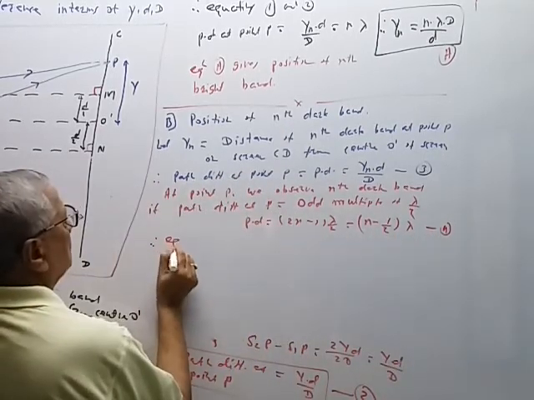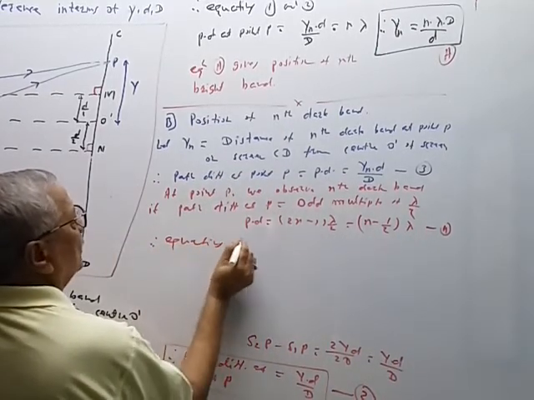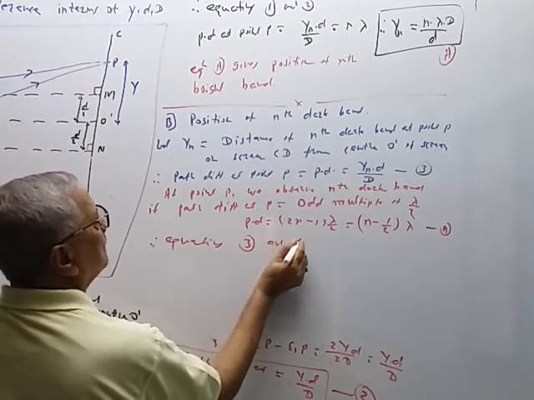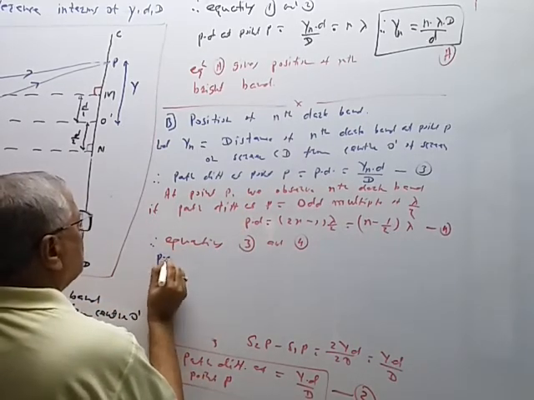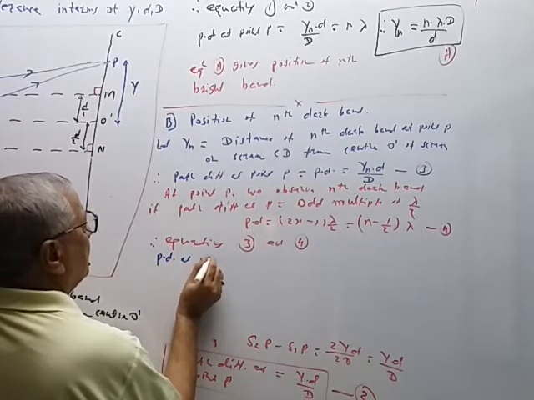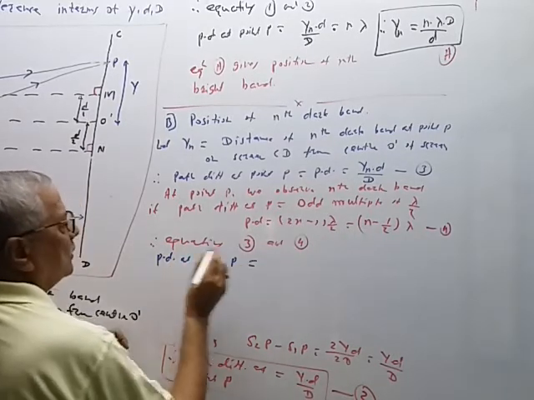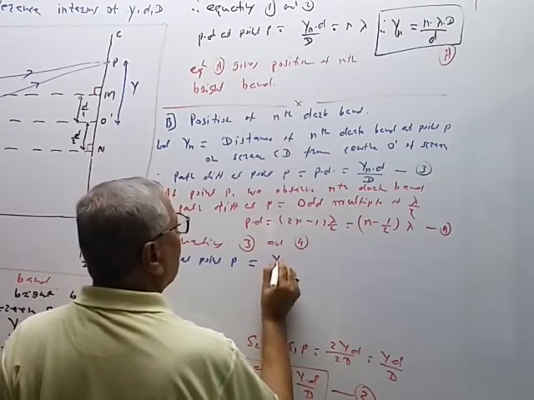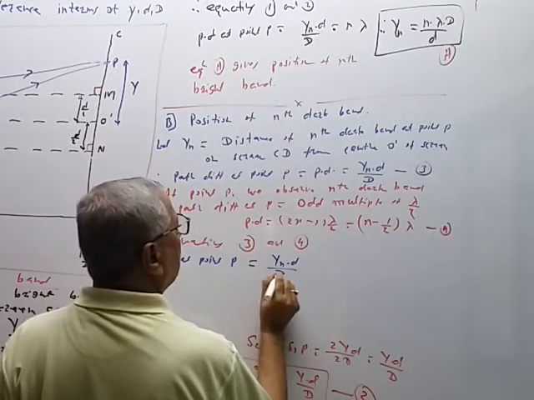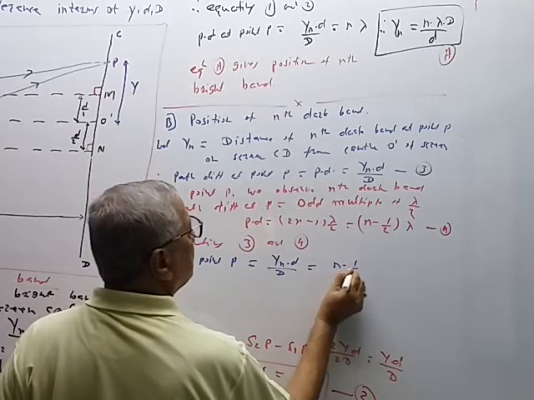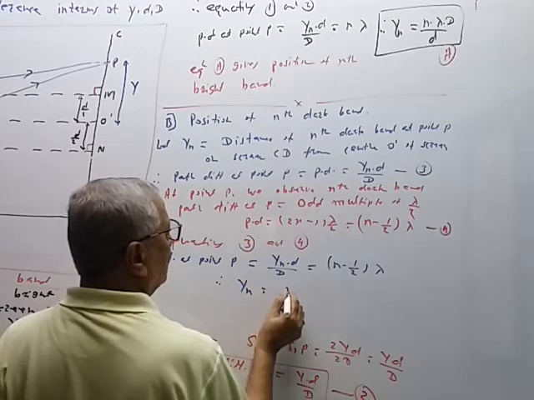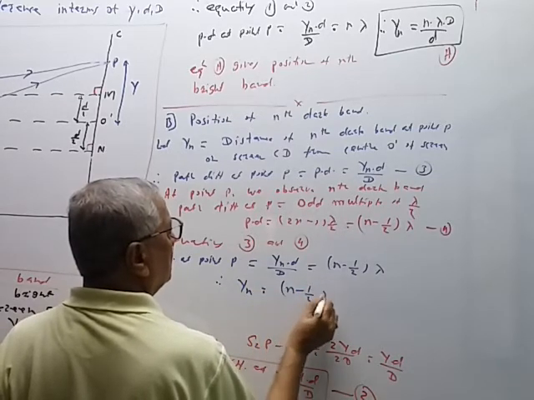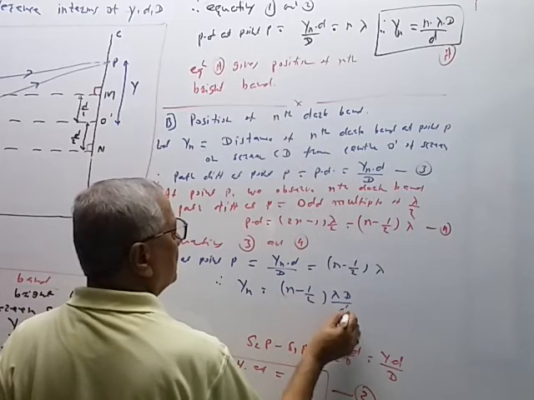So equating 3 and 4, we get path difference at point P is equal to Yn into d upon D is equal to (n minus half) lambda, and therefore Yn is equal to (n minus half) into lambda into capital D upon small d.